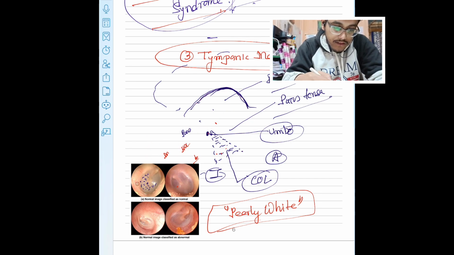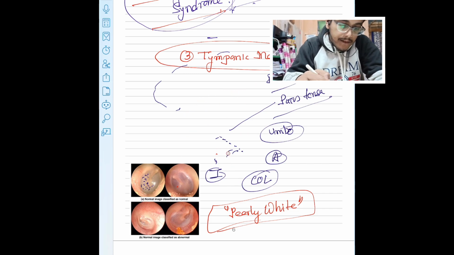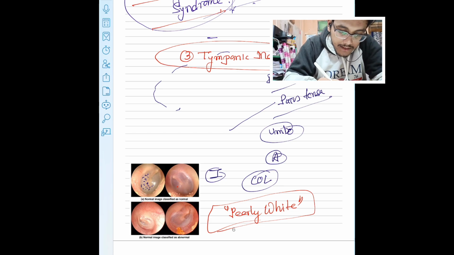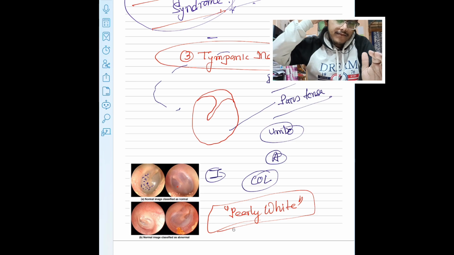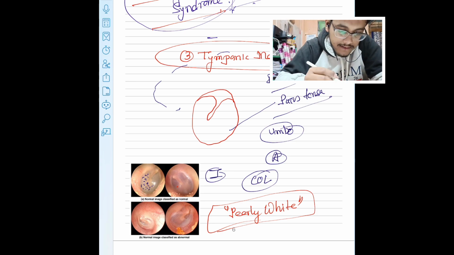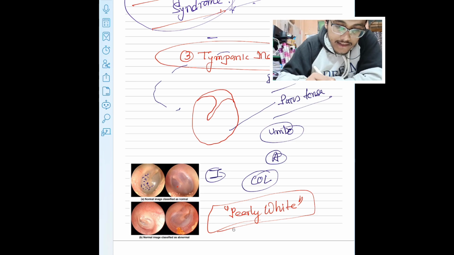So if we draw a diagram of the tympanic membrane, in any way we can draw one diagram of it. From the outside, if I am seeing from this side with my otoscope, what we can see is a tympanic membrane, the color is pearly white, as the book says.